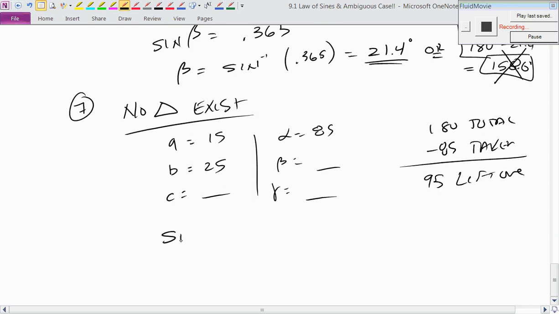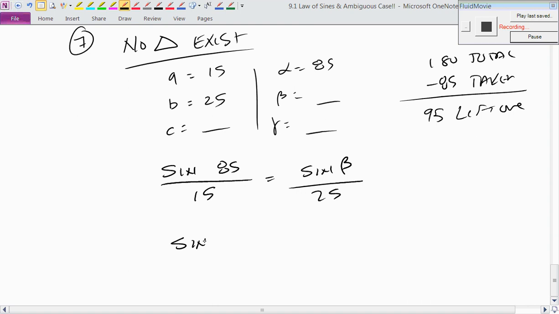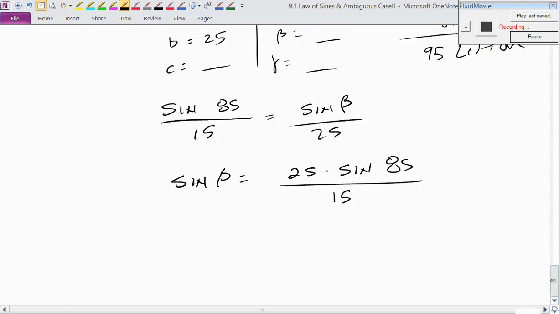So check this out. Sine 85 divided by 15 equals sine beta divided by 25. So sine beta must be 25 times sine 85, all divided by 15. Is that true? 1.66.